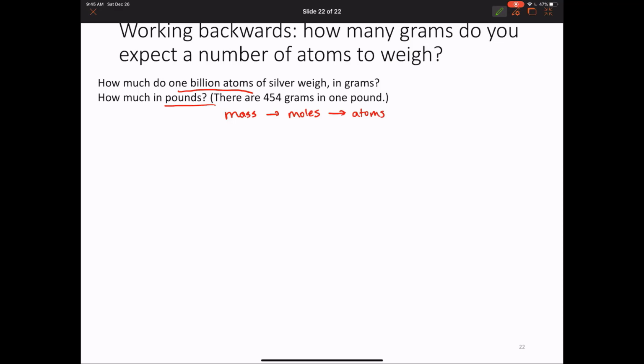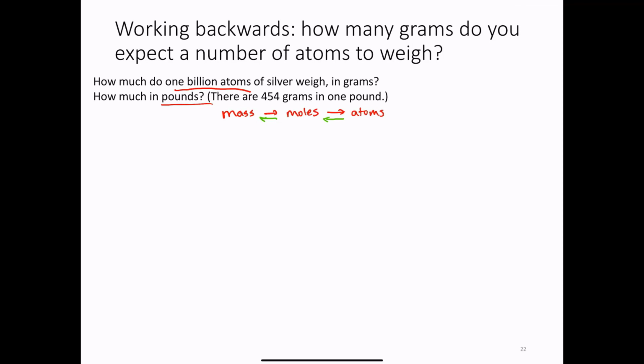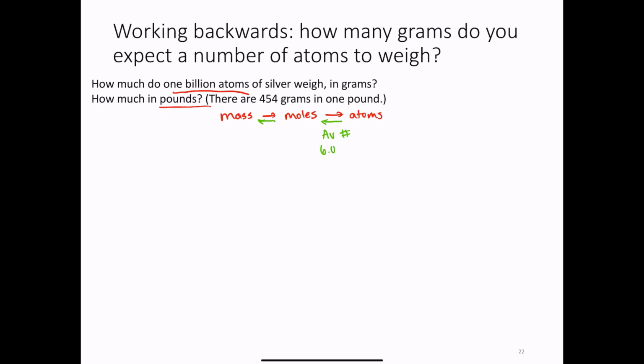So from atoms, you're going to get to moles, and then from moles to mass. Now let's remember what conversion factors we use at these arrow points. From atoms to moles, you're still going to use Avogadro's number, 6.022 times 10 to the 23rd atoms per mole.